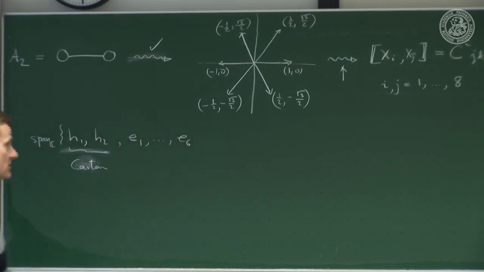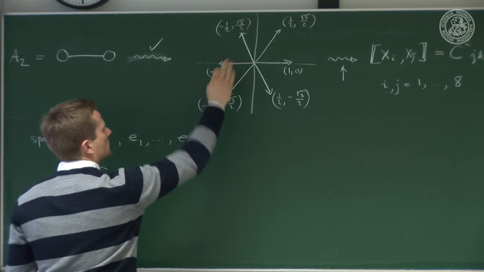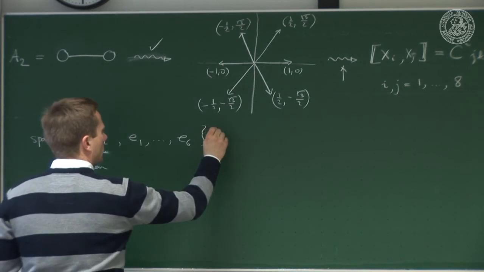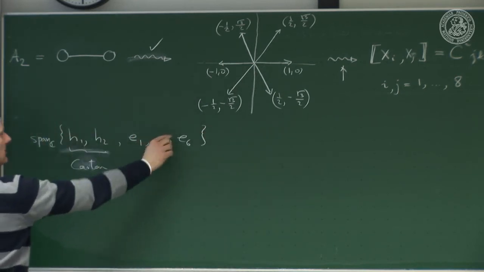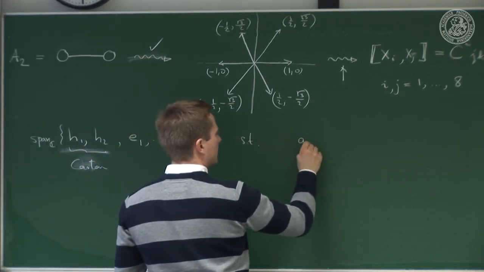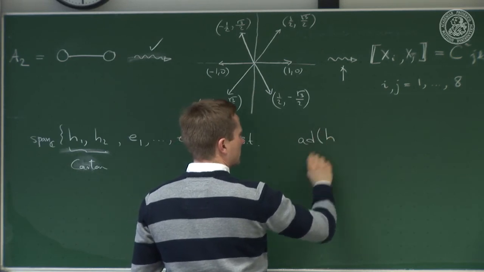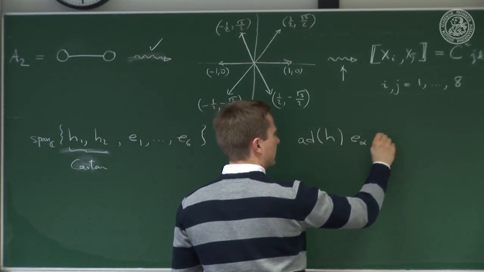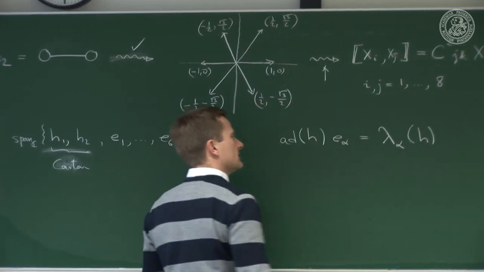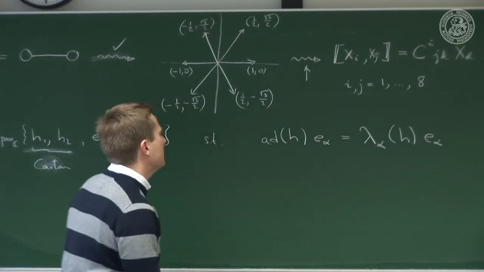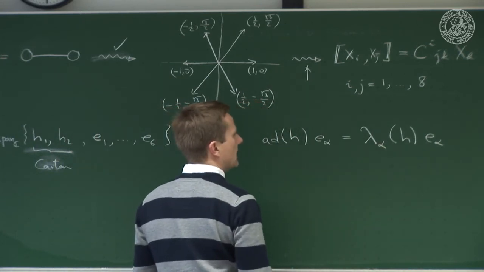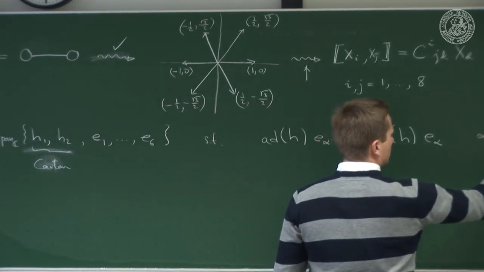We have 6 vectors. Those are the eigenvectors corresponding to these root eigenvalues. And we know that we can choose such H1, H2, and E1 to E6 such that we have the ad of some H acting on E_alpha is lambda_alpha of this H, evaluated at this H, times E_alpha, where the lambda_alpha are these roots in the root space, but thought of as these functionals, and alpha runs from 1 to 6.